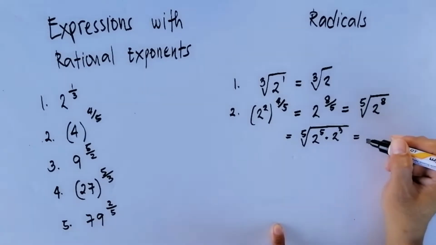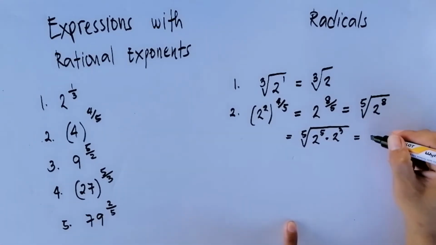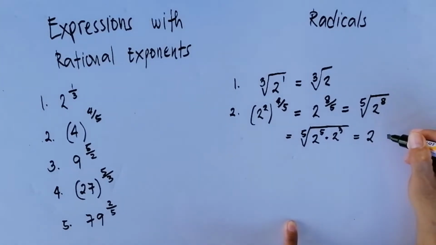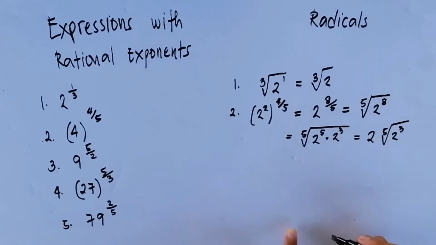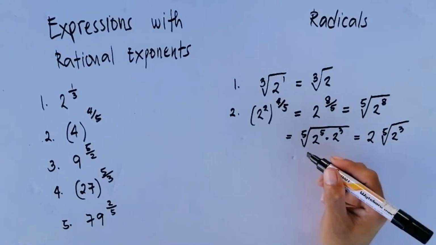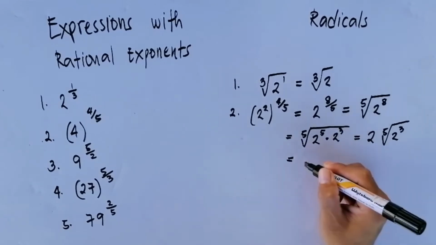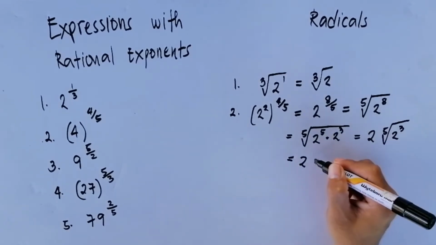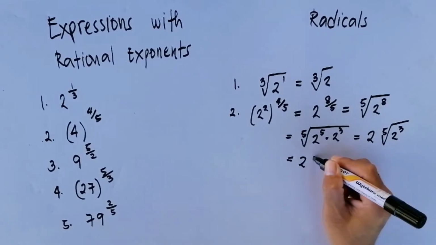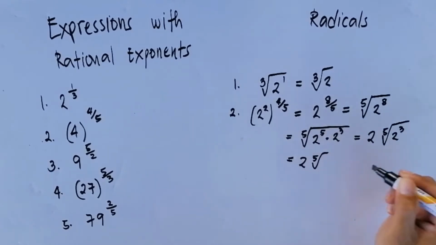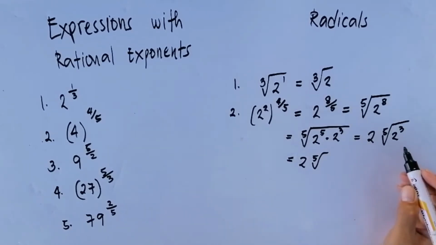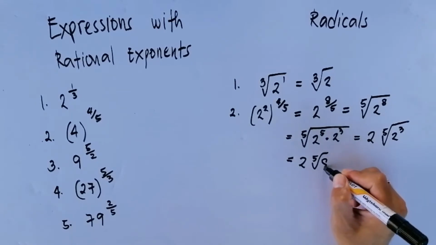So the answer is 2 times the 5th root of 2 raised to 3, or that is equal to 2 times the 5th root of 8.